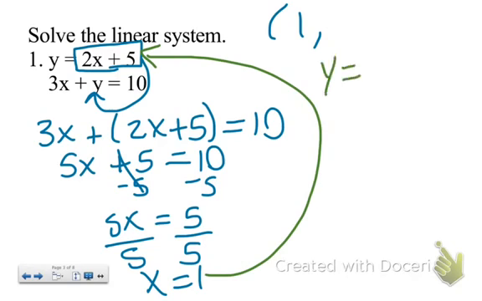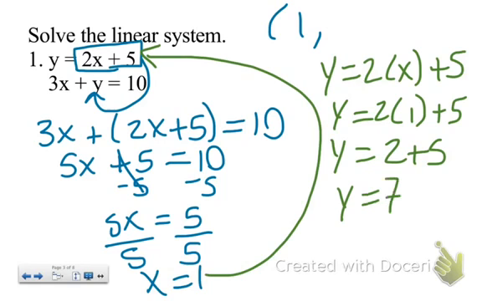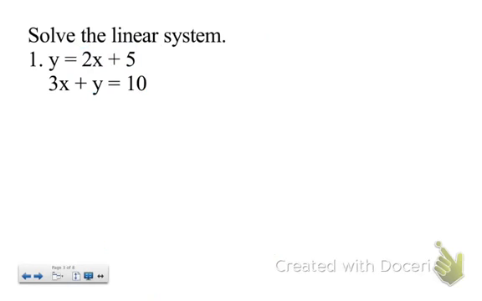So y equals 2 times x plus 5, well, x is 1, so y equals 2 times 1 plus 5, and 2 times 1 is 2, 2 plus 5 is 7. So now, the full solution to our system of equations is 1, 7. If we were to graph this, their intersection would be at the point 1, 7. So it's just a different way of solving.